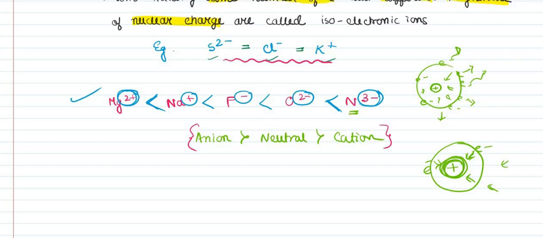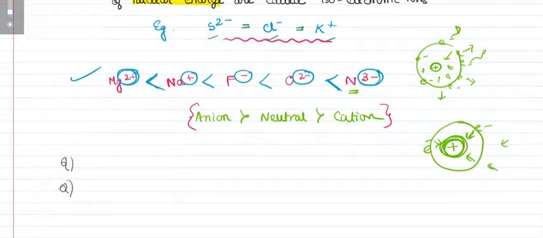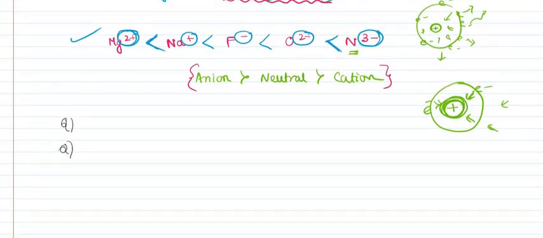Now there are some odd situations which are given in NEET, and you have to memorize these. What are these? Li+ and Mg2+. These are not isoelectronic. So how will we find the ionic radius?